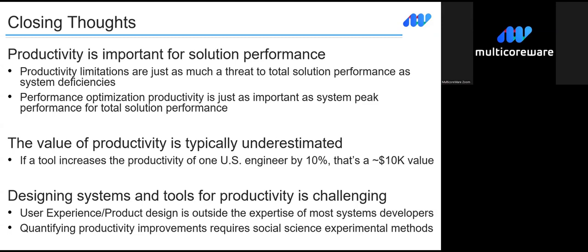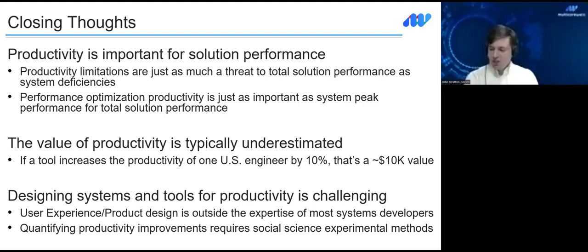Is Multicoreware involved in any open source projects which help improve software performance? The short answer is yes. In terms of open source projects, we work on open source projects like compiler frameworks, LLVM, GCC, MLIR.